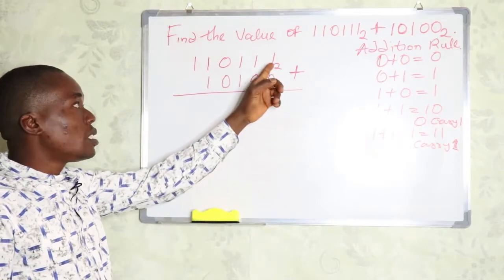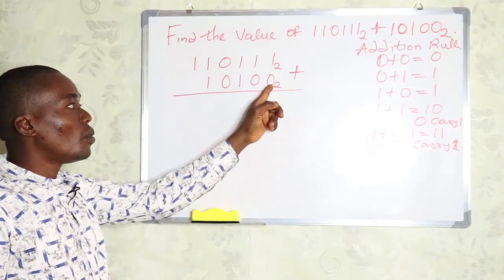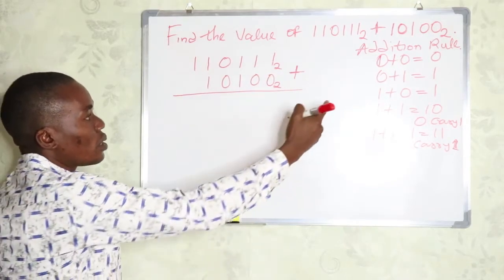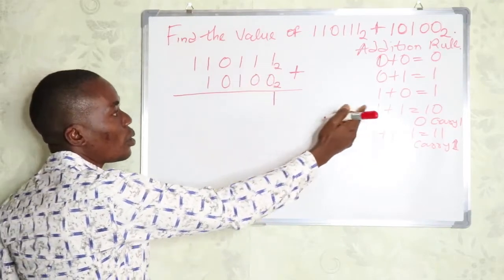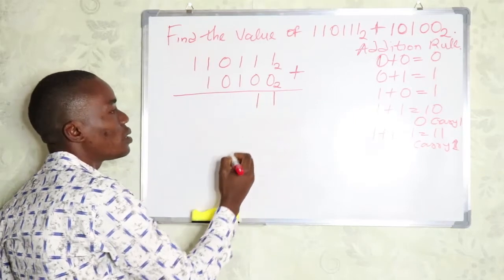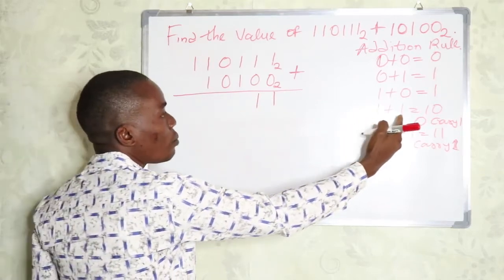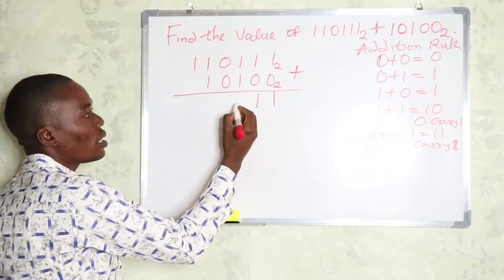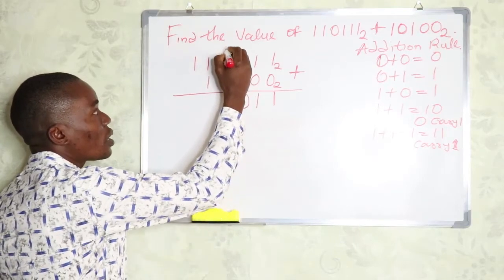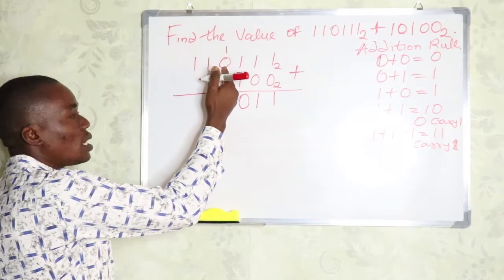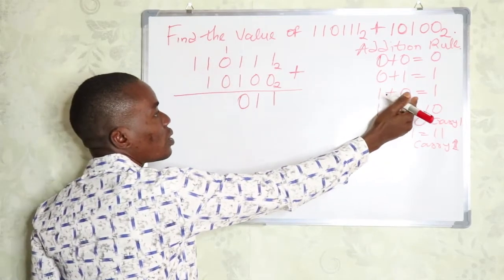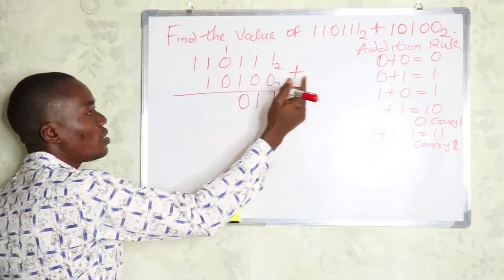From that rule, 1 plus 0 will give us 1. Now 1 plus 0 will still give us 1. Now remember, 1 plus 1 will give you 10. You write 0 and you carry 1. Now we have 1 plus 0, which is still equal to 1.